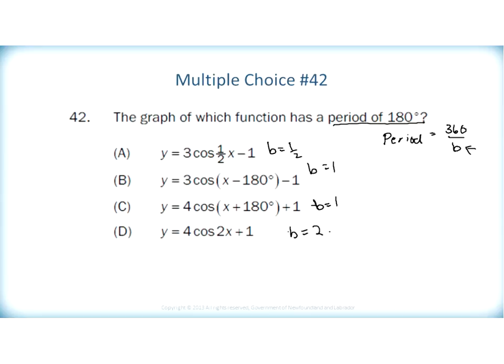And so we could take each one of these options, and we could substitute our b's into the formula to determine which one has a period of 180 degrees. Or we could solve the equation 180 degrees equals 360 degrees divided by b, and solve for b. So we have 180 degrees equal to 360 over 2. So our b must be 2, which will give us D.